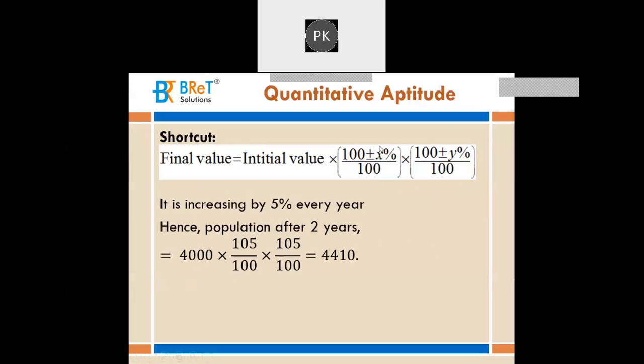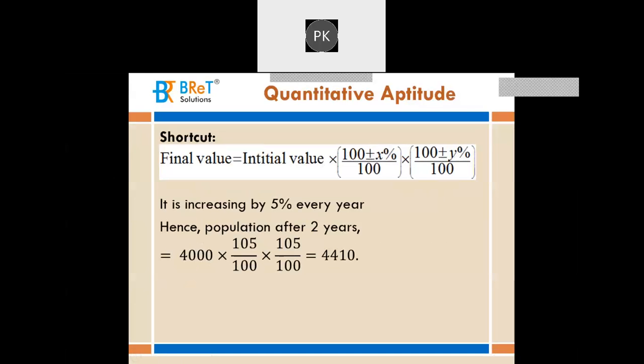Plus or minus means it can be an increase or a decrease. When it is an increase, we write the symbol as plus. When it is a decrease, we write minus. So 100 plus or minus first increase or decrease divided by 100 into 100 plus or minus second increase or decrease divided by 100. This is the basic formula we use to find solutions for problems like this.